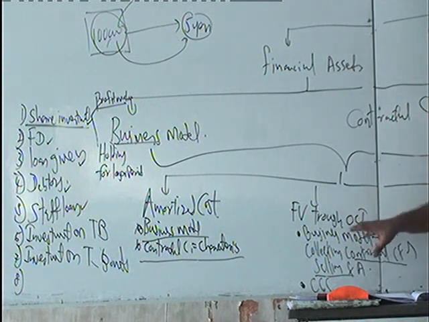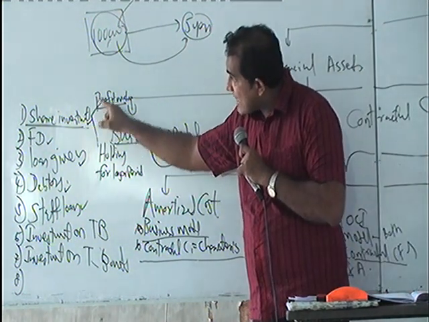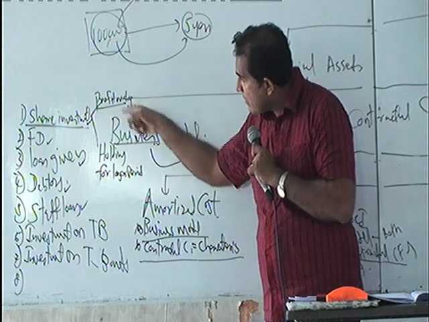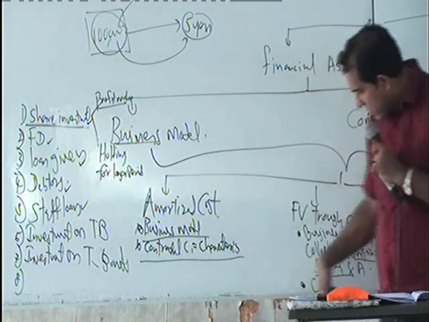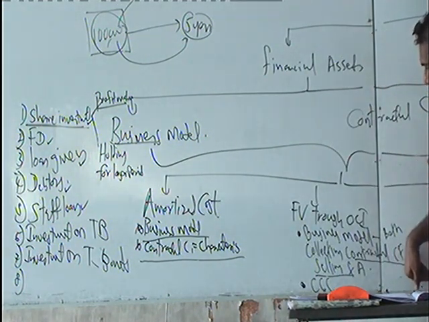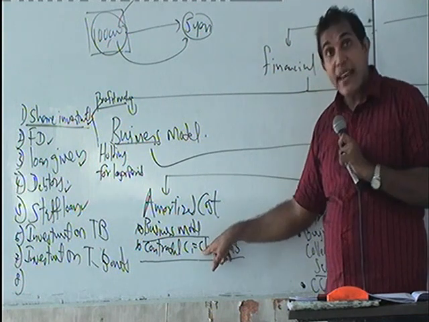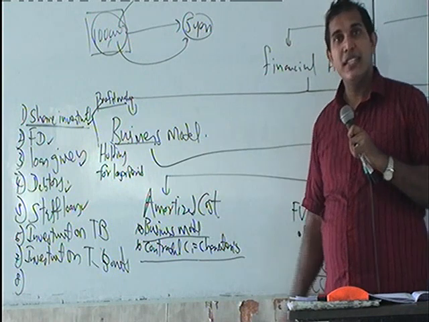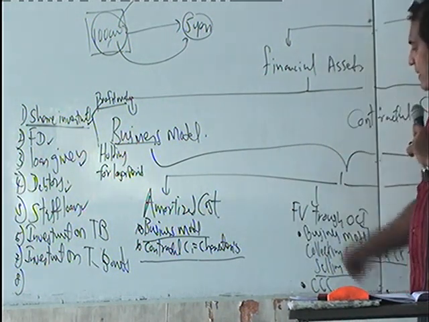Basically, if we have invested in shares for a long-term purpose, then we need to record under fair value through OCI. Why? There is no interest and principal payment in the share investment. In that sense, we need to use fair value through OCI.